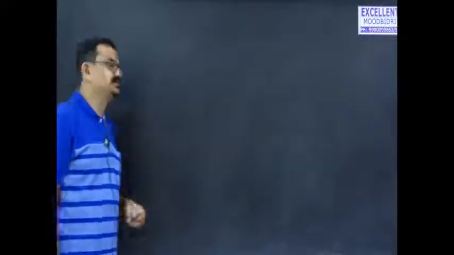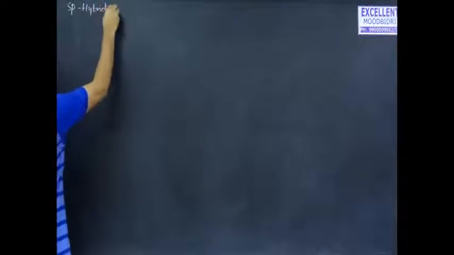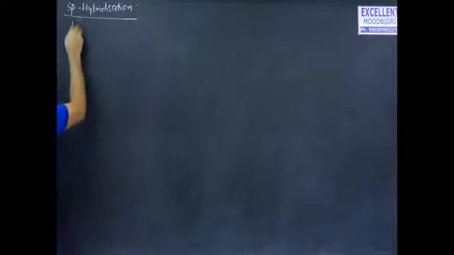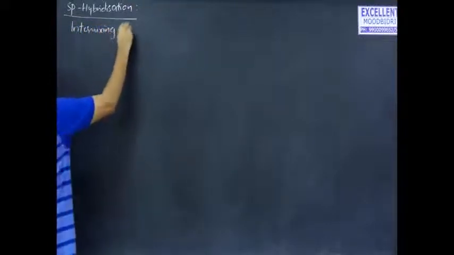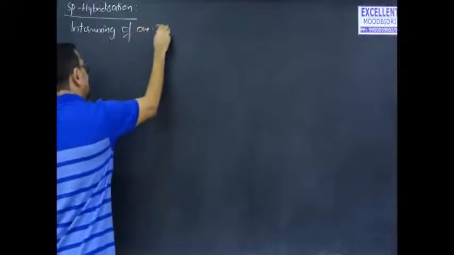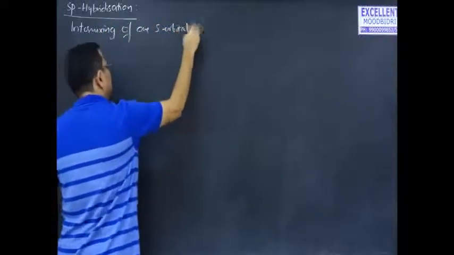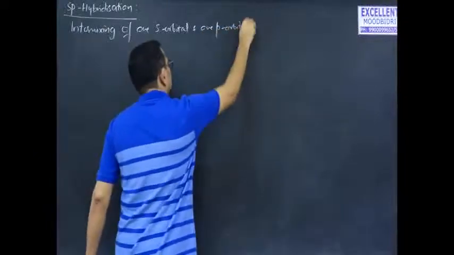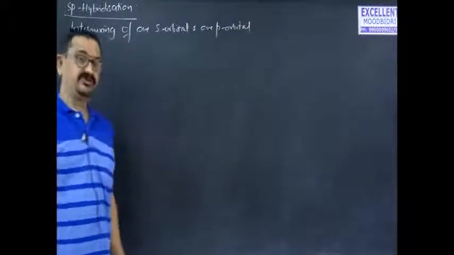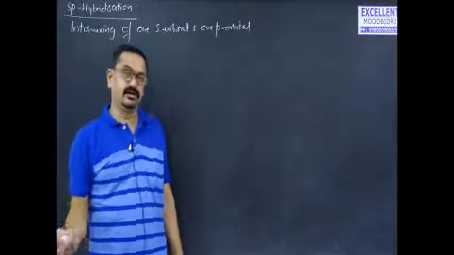Now let us discuss the types of hybridizations possible. We will start with the sp hybridization. Sp hybridization means intermixing of one atomic s orbital and one p orbital. You may get a doubt, sir, which p orbital, px or py or pz?